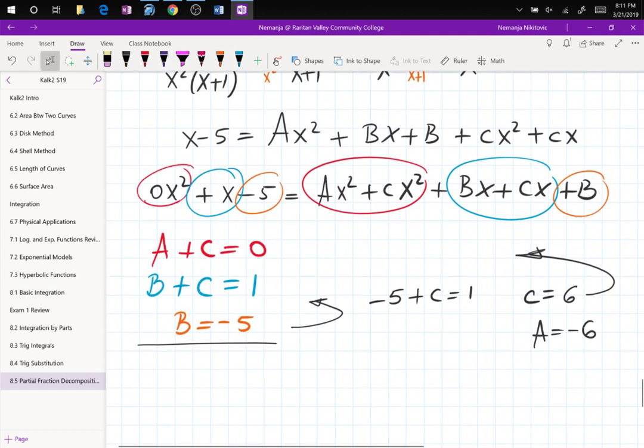So I have negative 6 over x plus 1. Do we have that?